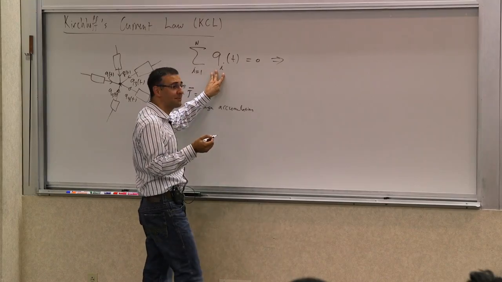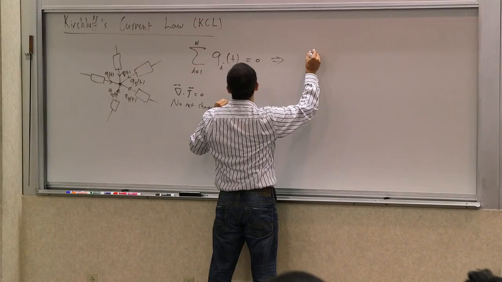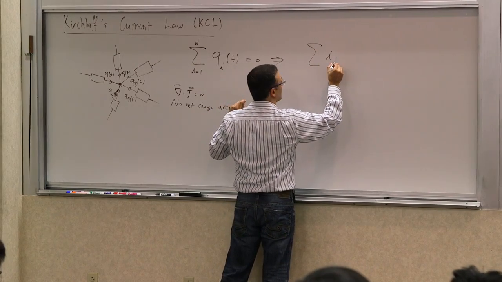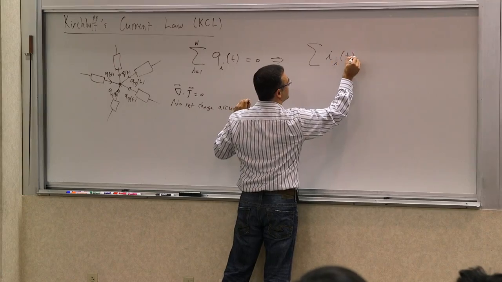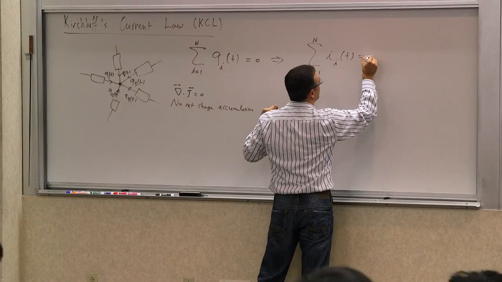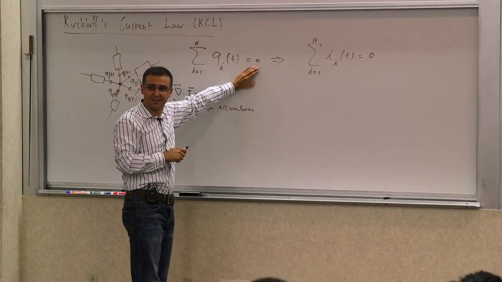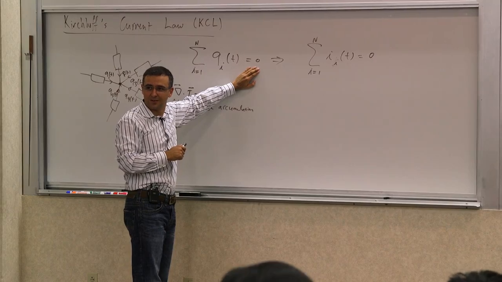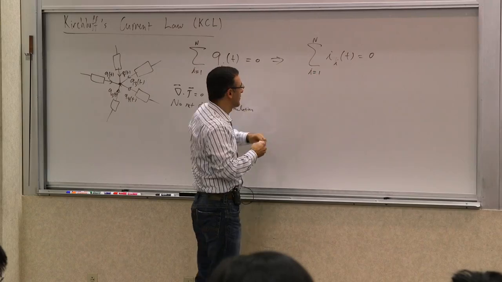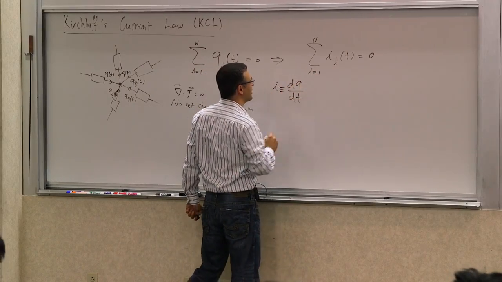This is a stronger statement than saying that the sum of the charges adds up to 0, because this could have added up to some constant, and this wouldn't, because when you differentiate it, and this comes from the fact that I is dq/dt, I'm just differentiating both sides.